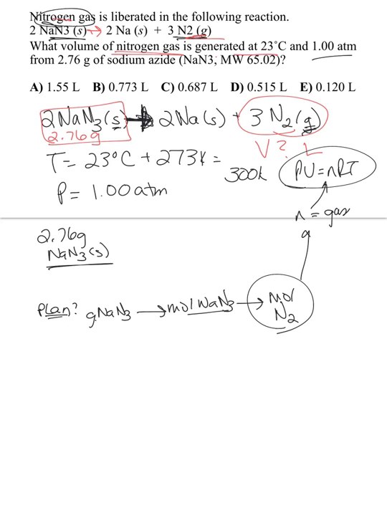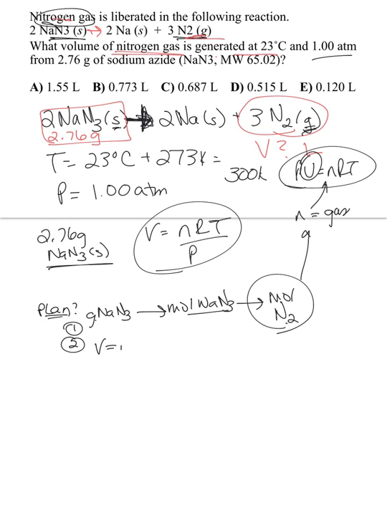Okay, so then you solve PV equals nRT in terms of volume. So V equals nRT over P. You isolate your variable. So that's your plan: find moles of nitrogen, and then solve for volume, V equals nRT over P. So let's do that. 2.76 grams of sodium azide, and then you're given your formula weight here.